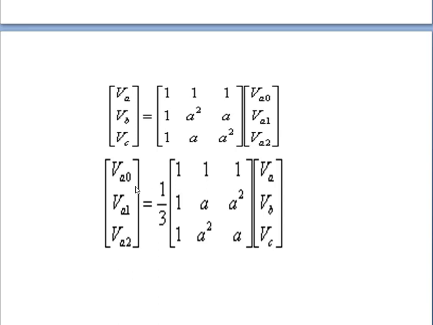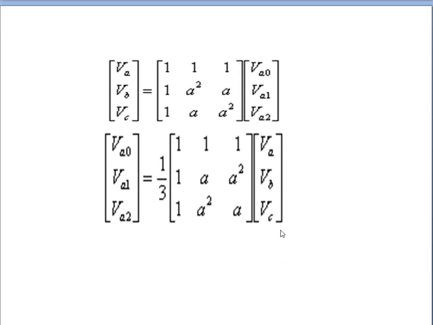So then we get VA0, VA1, VA2 is equal to 1/3 1 1 1 1 A A square 1 A square A, VA VB VC. So this is valid when phase A is taken as a reference.